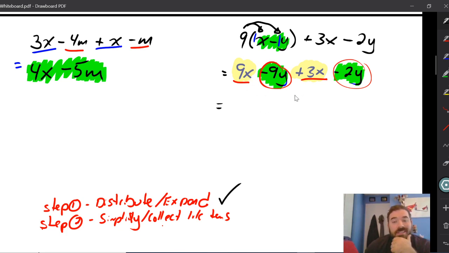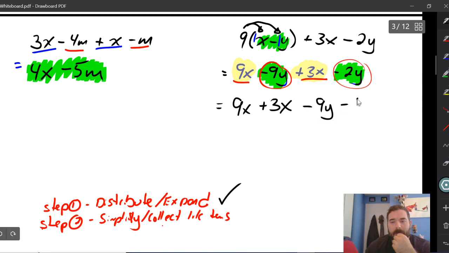So here now I'm just going to collect all the terms that are alike. This is 9x, this is positive 3x, so I'm going to do 9x plus 3x. And here I'm going to have negative 9y minus 2y. Here I just rearrange them so that the like terms are side by side, so it's easier for me to deal with.